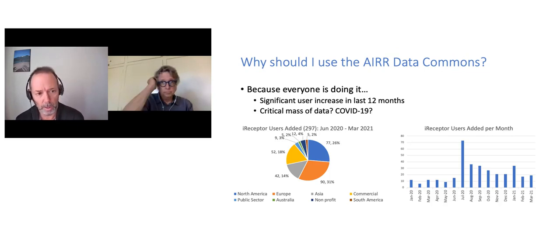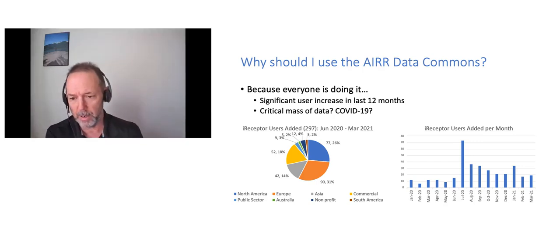So a little bit more on use of the AIRR Data Commons and where things are at. Again, a lot of this is driven by COVID, as you can see in the right-hand graph. The first data set went online in June 2020.